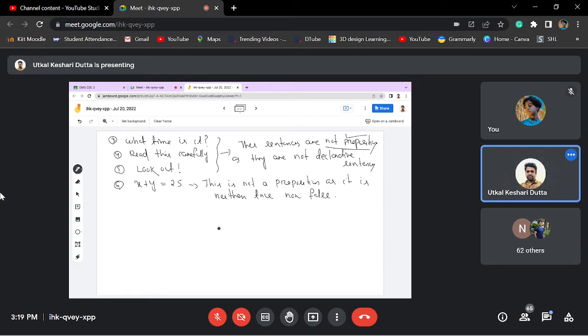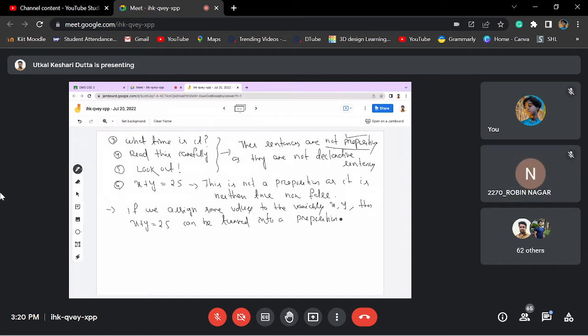Got it? If we assign some values to the variables x and y, then the statement x plus y equals 25 can be turned into a proposition.